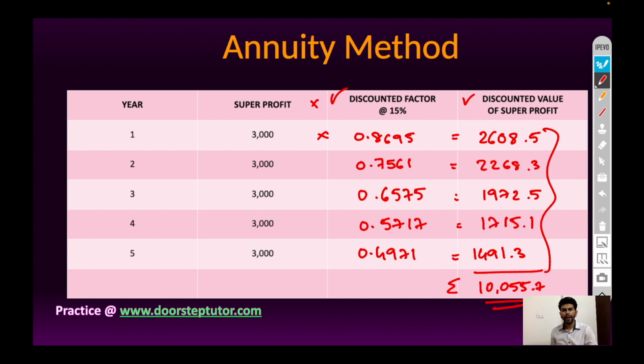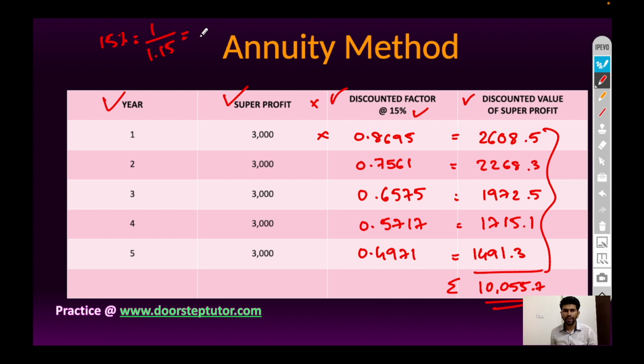So under annuity method, we are given number of years and super profit for each year. We are also given the discounted factor, that is 15%. If it is 15%, we have to calculate 1 divided by 1.15.